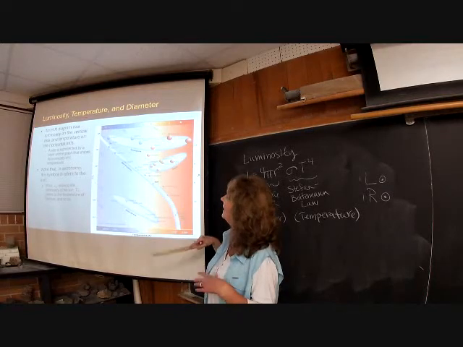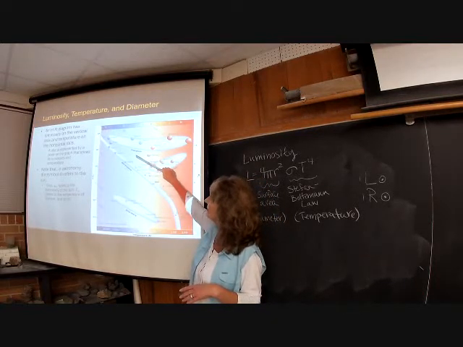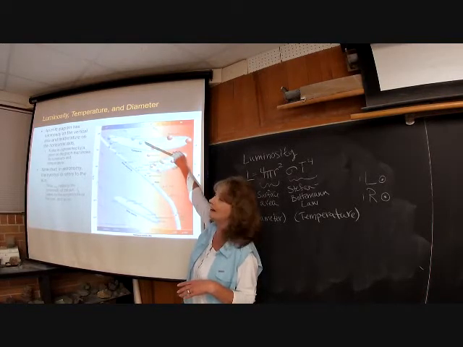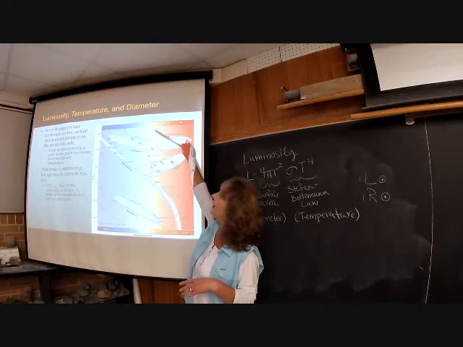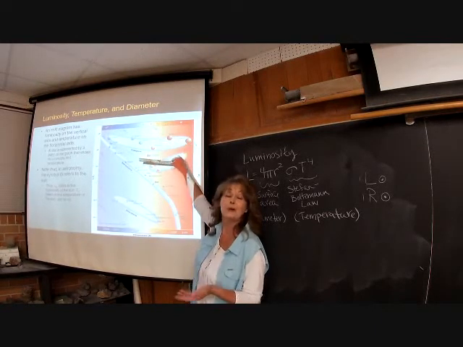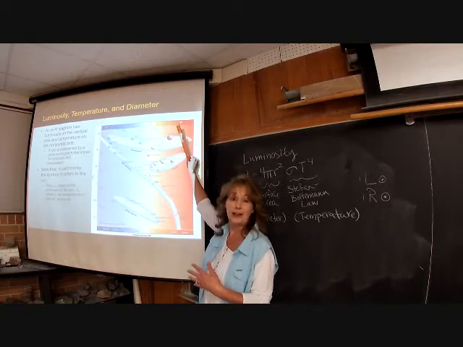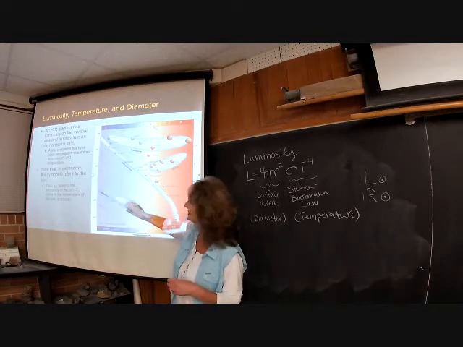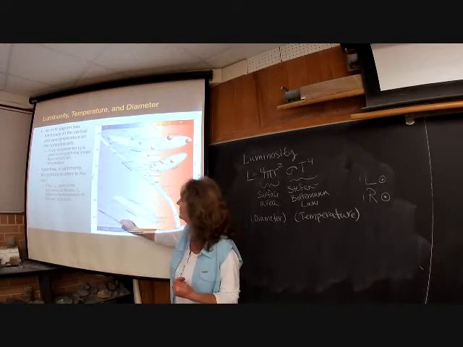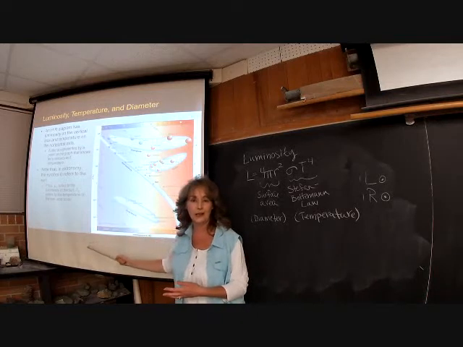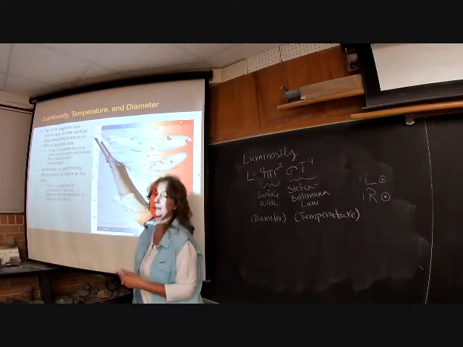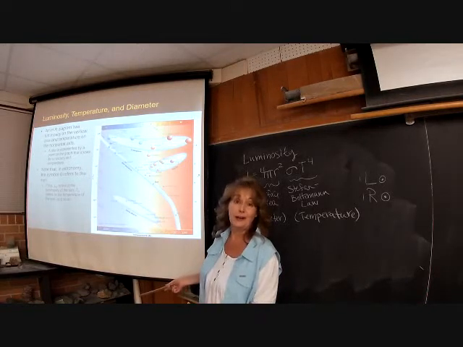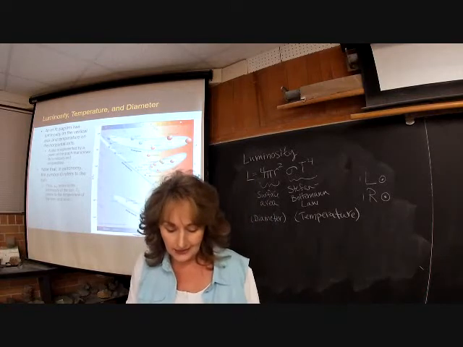These lines up here, so here we have a radius of 10 times the sun, 100 times the radius of the sun, 1,000 times the radius of the sun, so much larger diameter stars. And now down here we have 0.1 radius of the sun, 0.01, and so here we've got really smaller radii than the sun. But notice how they slant from the upper left down to the lower right of our diagram. That would be the radius lines in there.